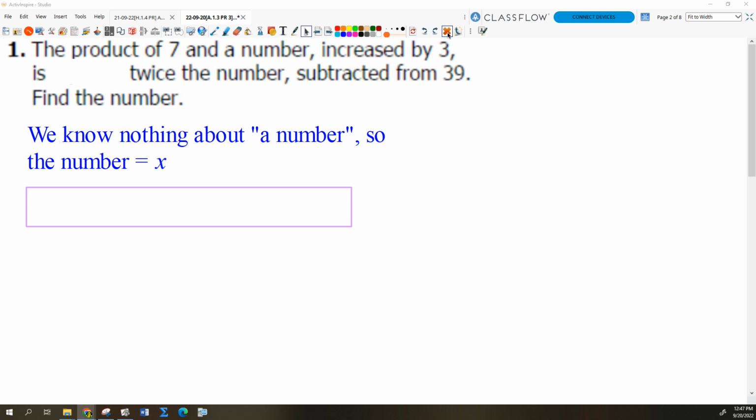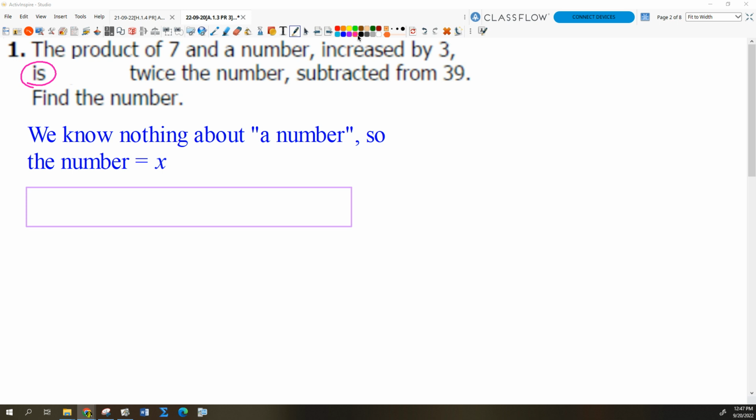The next step is, can we take that sentence and translate it into a math sentence that we can solve, meaning an equation? There are some words we look for that are giveaways. When you see "is" in a word problem, what's that going to become in the equation?